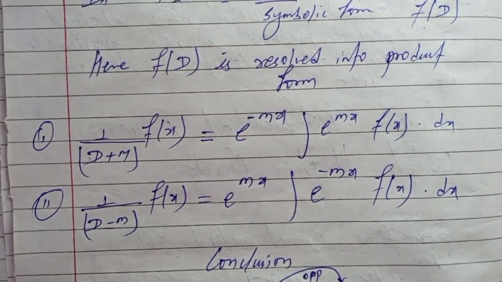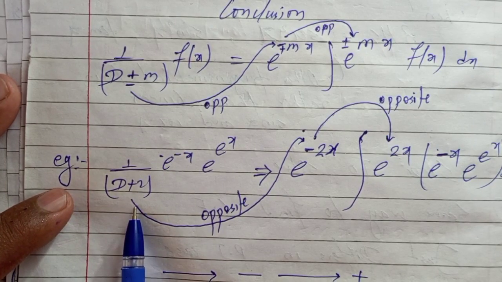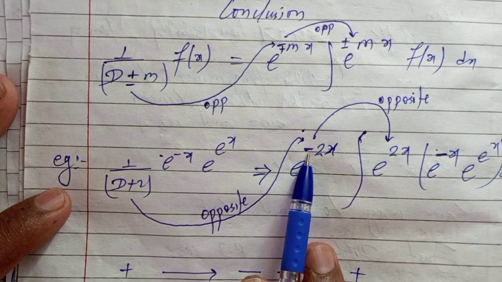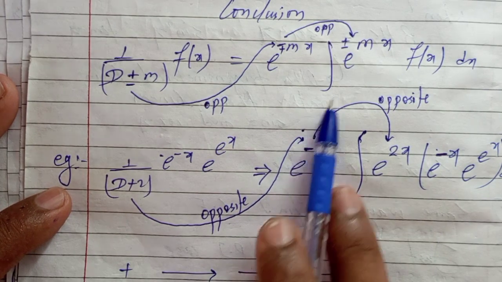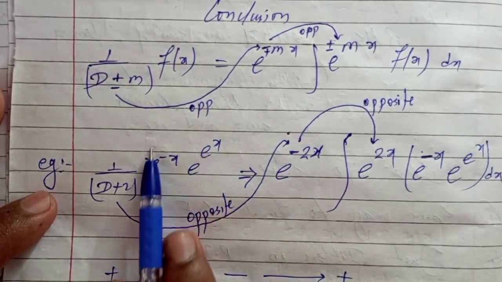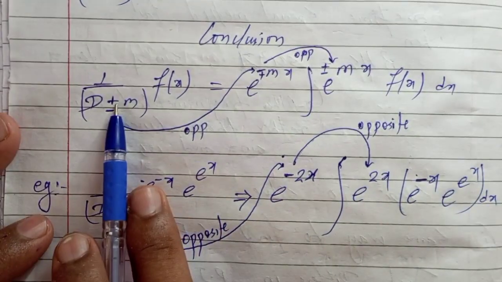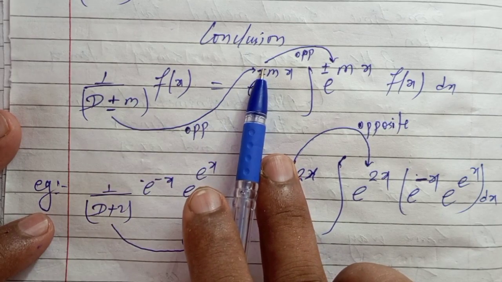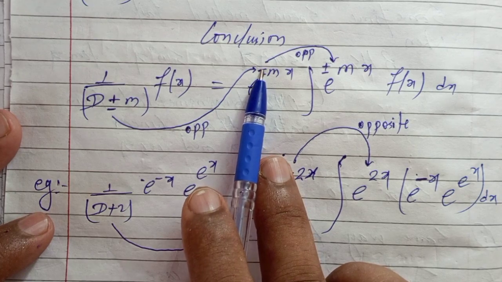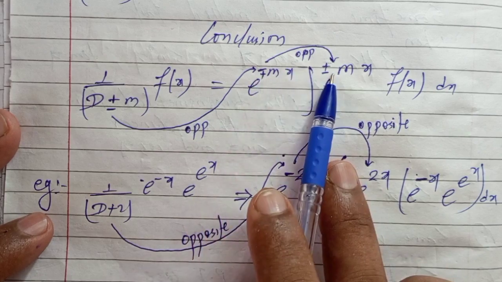Means, conclusion, we can see that suppose here is D plus 2, then plus is going to be opposite minus, and we write here minus 2, then minus 2 is going to be opposite, plus, in this format, and function of x is copied as function of x into dx. If there is plus, then we use minus. If there is minus, then we use plus. And where we wrote minus here, it will be plus here. If here is plus, then here it will be minus.